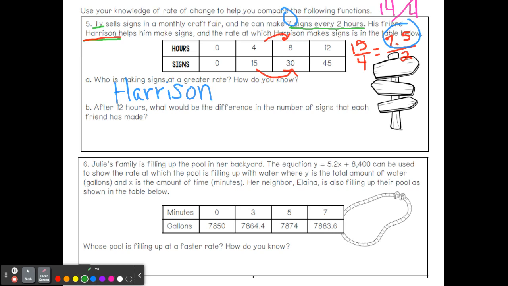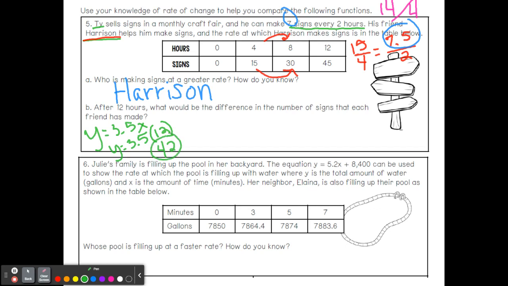So if we take Ty and we say he's making 7 in 2, right? That's 3.5 in 1. Okay, so 3.5 every hour. So if I take 3.5 and I multiply that by 12, then I would get 42. So that means in 12 hours, Ty can make 42 signs.